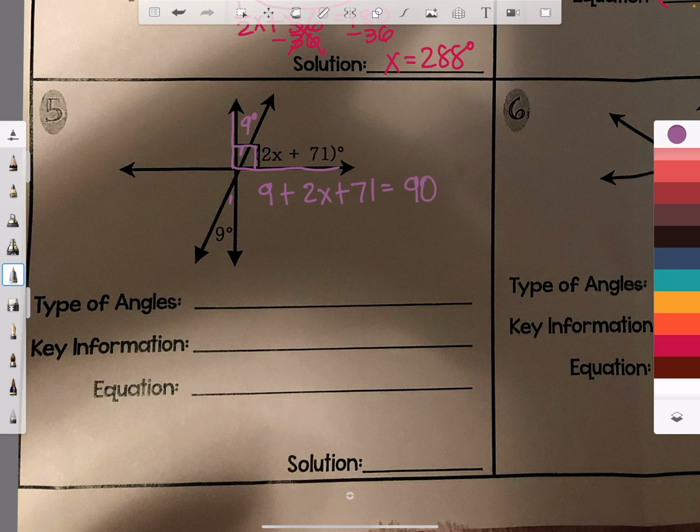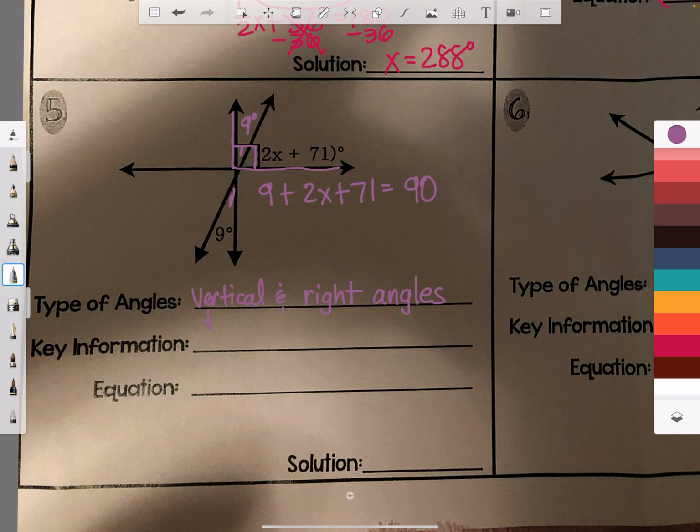So the types of angles that we first have are vertical angles. That's the ones that are opposite each other like this. So we have vertical angles and right angles. Kind of a two-step thing. Our key information is that vertical angles are equal and right angles equal 90 degrees.